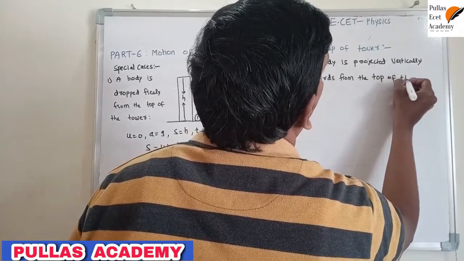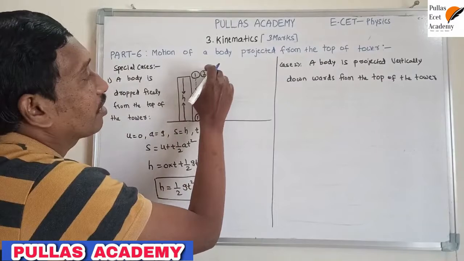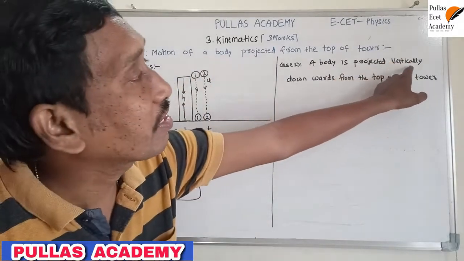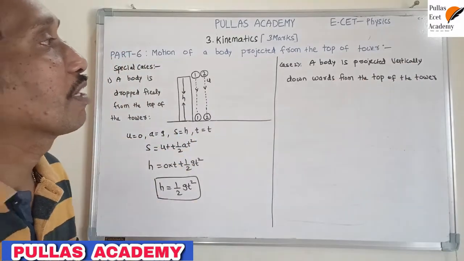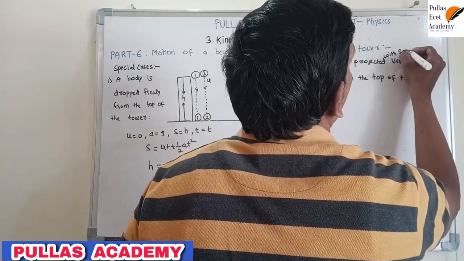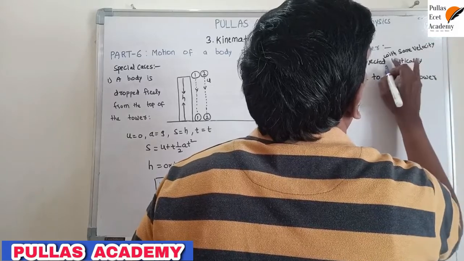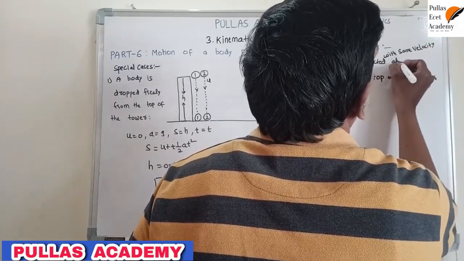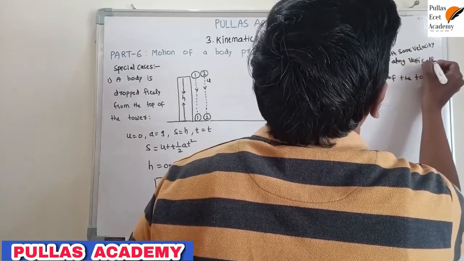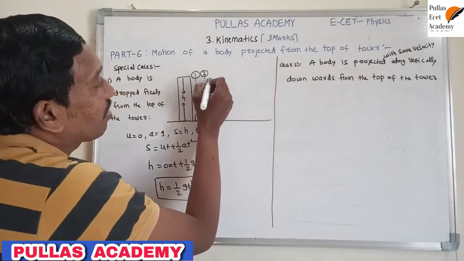So here the concept is, from the top of the tower, the same body is projected with some velocity vertically downwards. That's the point here.